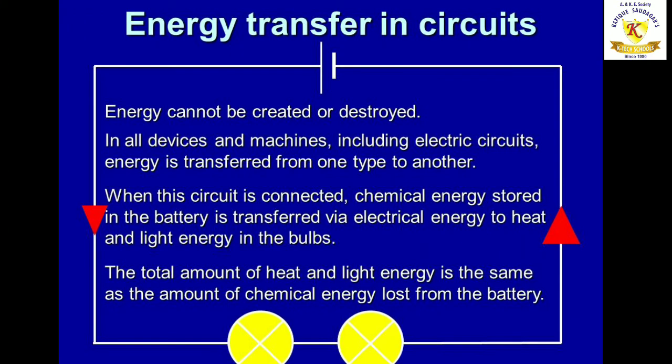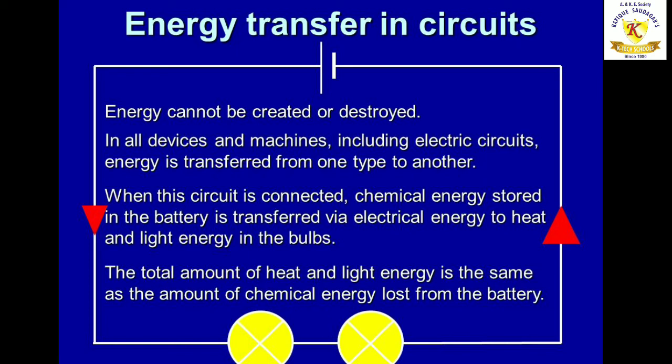Energy transfer in circuits. Energy cannot be created or destroyed. In all devices and machines, including electric circuits, energy is transferred from one type to another. When this circuit is connected, chemical energy stored in the battery is transferred via electrical energy to heat and light energy in the bulb.